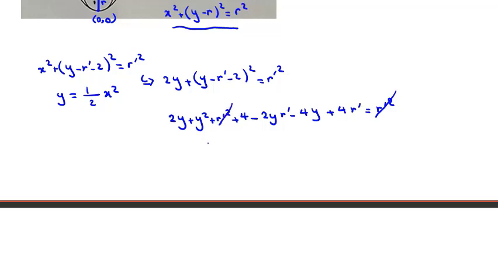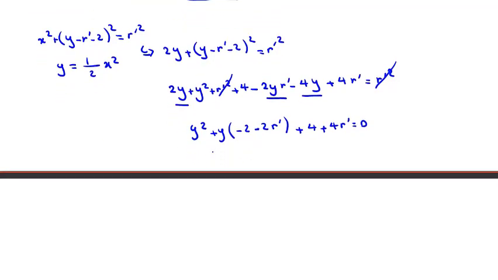And if we cancel, then we have y squared, and for y we have this and this. So plus y times (2 minus 4), which is negative 2, minus 2r prime, and 4 plus 4r prime equal to 0. Okay, as we said, they are tangent to each other, so if you differentiate, it will be 0.